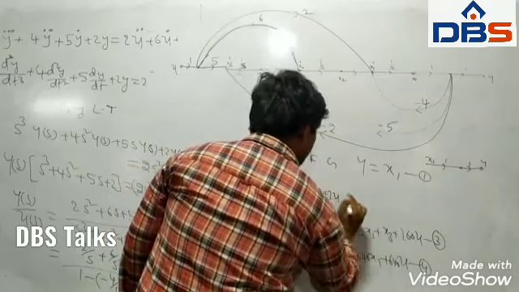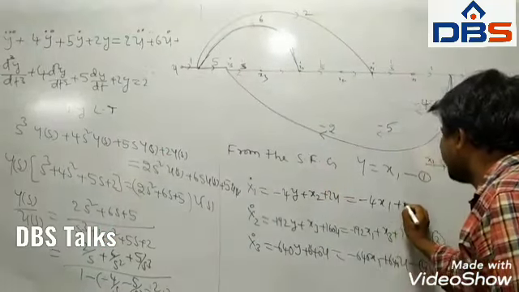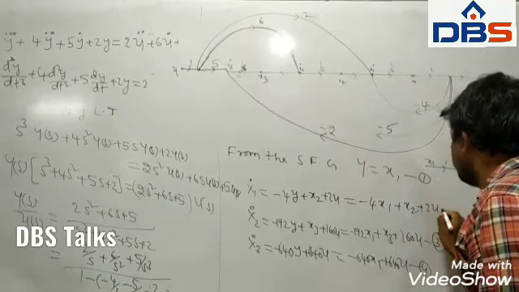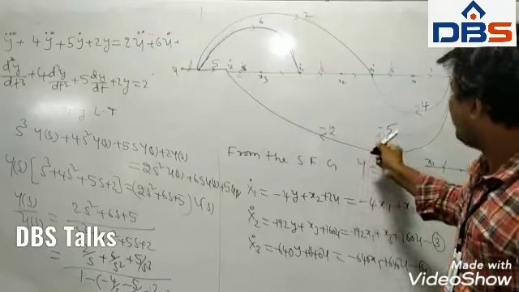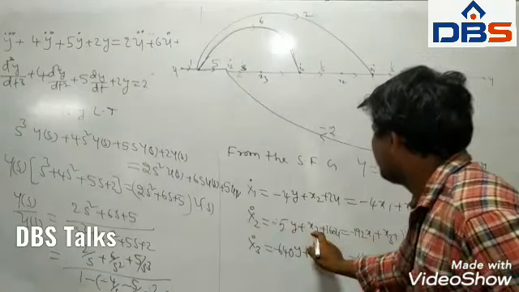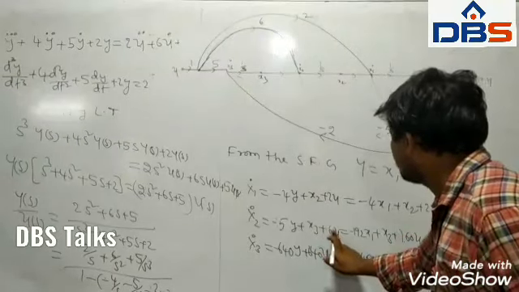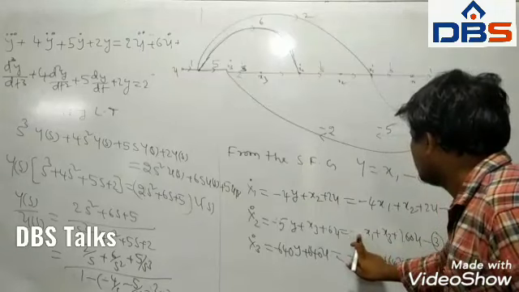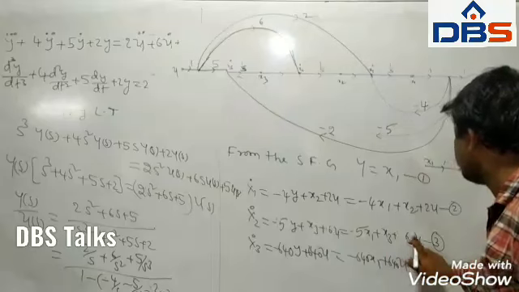Therefore, x1 bar equals minus 4x1 plus x2 plus 2u, this is equation 2. From that, x2 bar equals minus 5y plus x3 plus 6u. Therefore, minus 5x1 plus x3 plus 6u, this is equation 3.